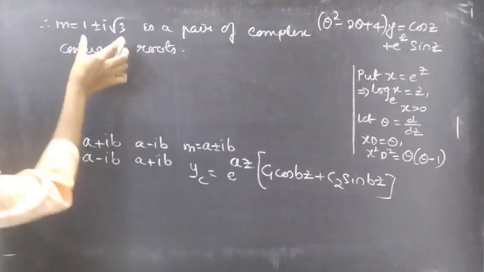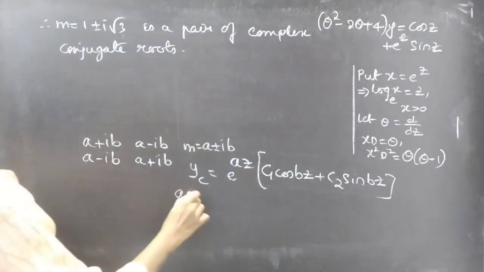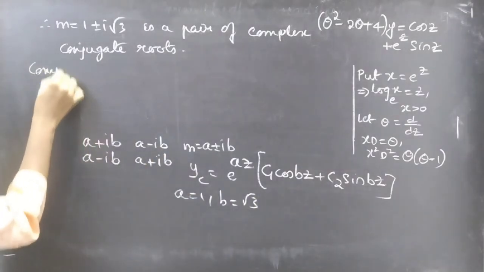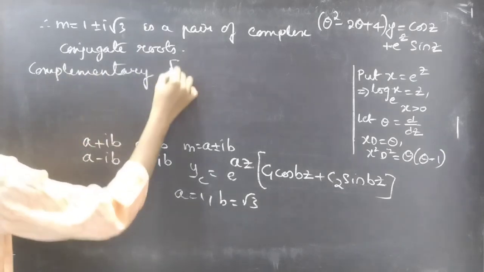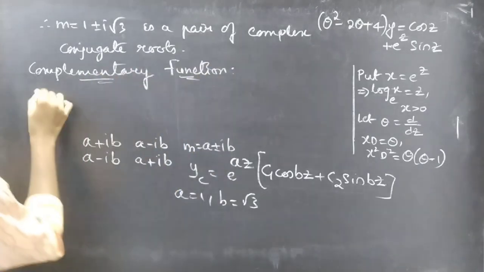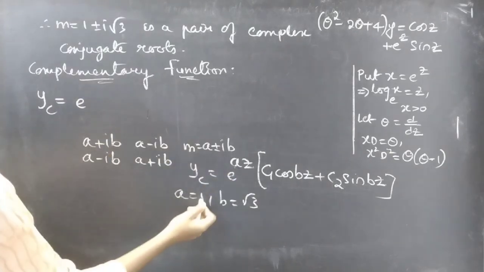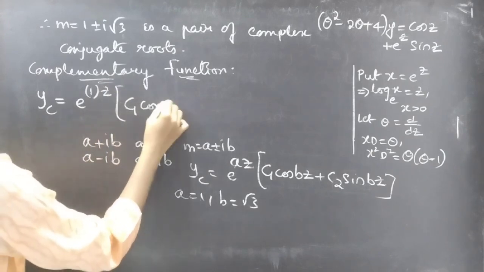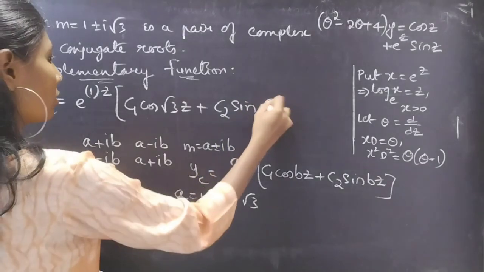Now just compare our roots with a plus or minus ib. Then for a equals 1 and b equals root 3, we'll get the complementary function yc equals e power, for a equals 1, we'll get 1 into z, into c1 cos bz plus c2 sin bz.